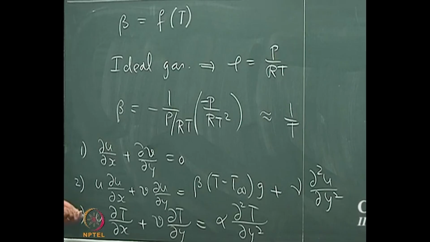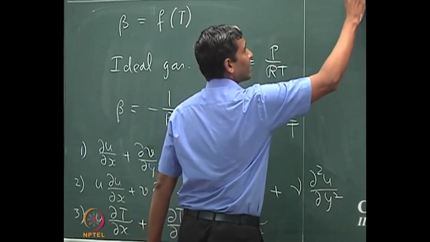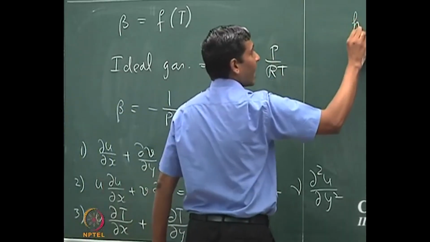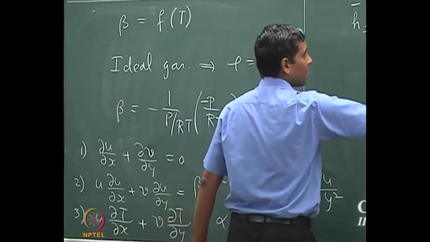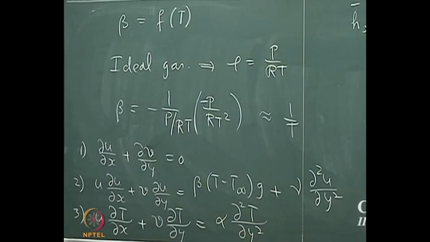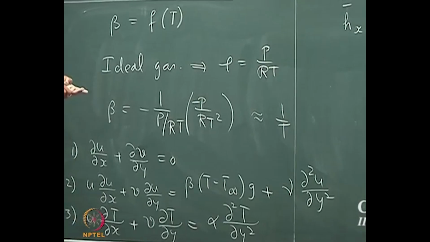So we need to find a way to solve these set of expressions in order to find the heat transport coefficient. Remember that the objective is to find the local heat transport coefficient. That's the objective, and of course the average heat transport coefficient, either at any length or based on the length of the full plate. So we have to solve some of these equations in order to find the heat transport coefficient.